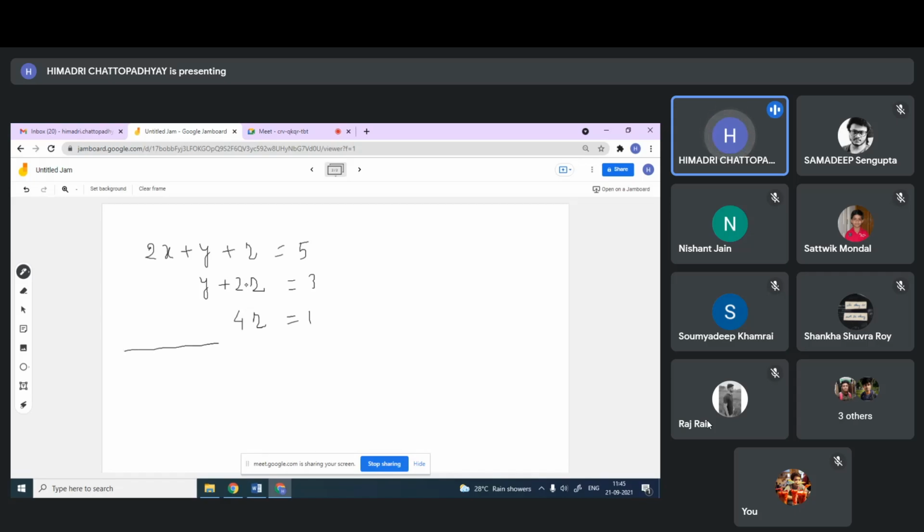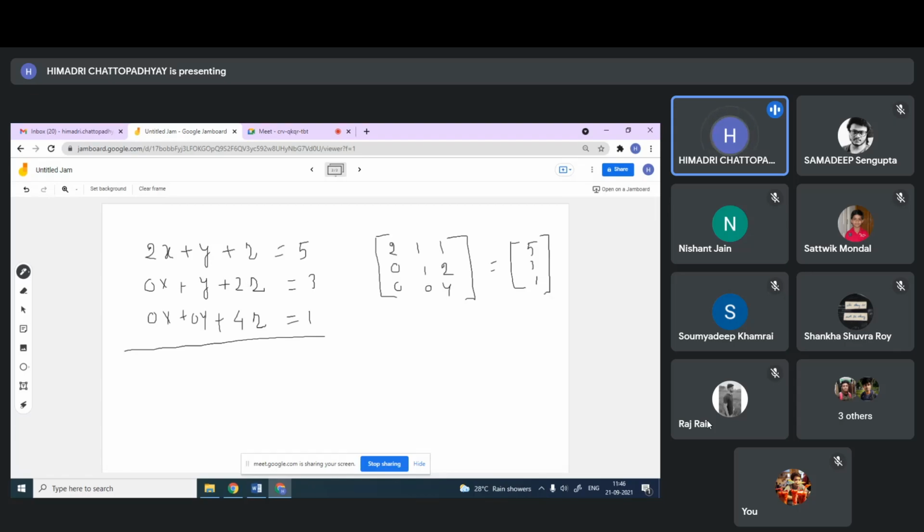So if I have such a system, you see that here it is 0 into x, here it is 0 into x, 0 into y, like this. So what is the form of this sort of equation? In matrix form, it becomes [2 1 1; 0 1 2; 0 0 4] equal to [5 3 1].